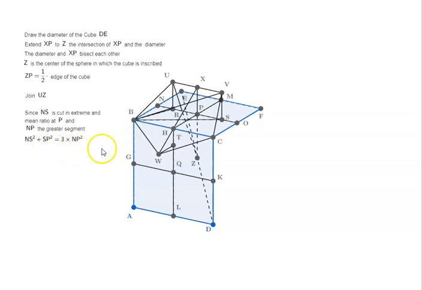That means NS square plus SP square is equal to 3 times NP square. NS is equal to XZ, since NP is equal to PZ and XP is equal to PS.